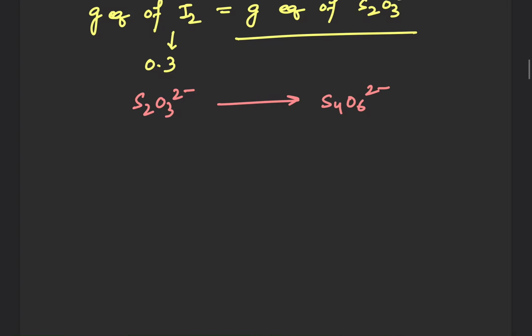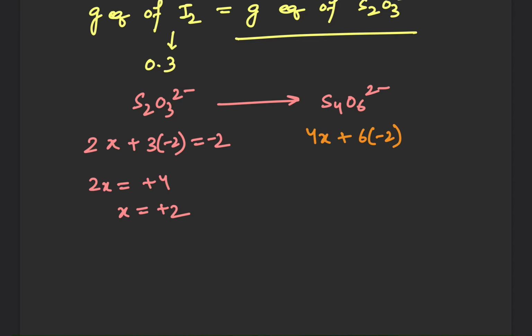Okay, so let's calculate the oxidation state of sulfur. So 2x plus 3 into minus 2 will be equal to minus 2. So 2x will be equal to plus 4. So x will be equal to plus 2. Okay, here 4x plus 6 into minus 2 will be equal to minus 2. So 4x will be equal to 10. x will be equal to 10 by 4, which is 2.5.